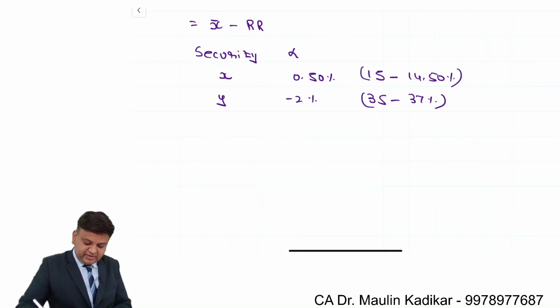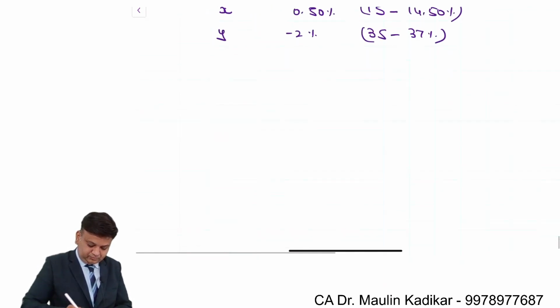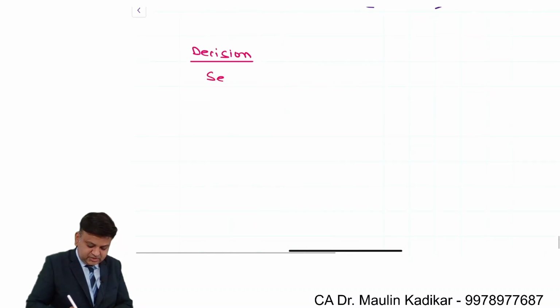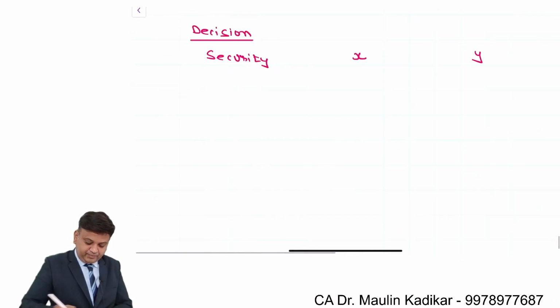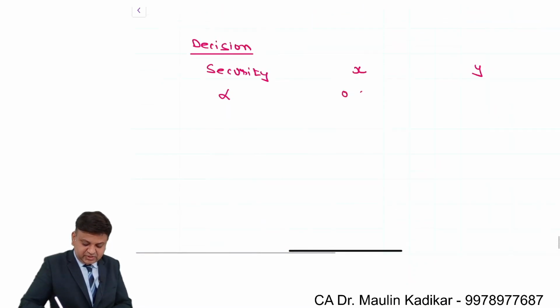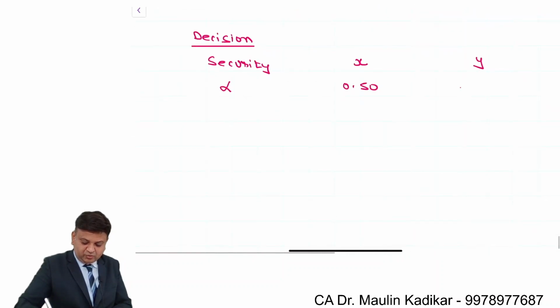So based on that, we can take the decision. There are two securities, security X and security Y. In both of them, we have the alpha of positive 0.50 and negative 2%.